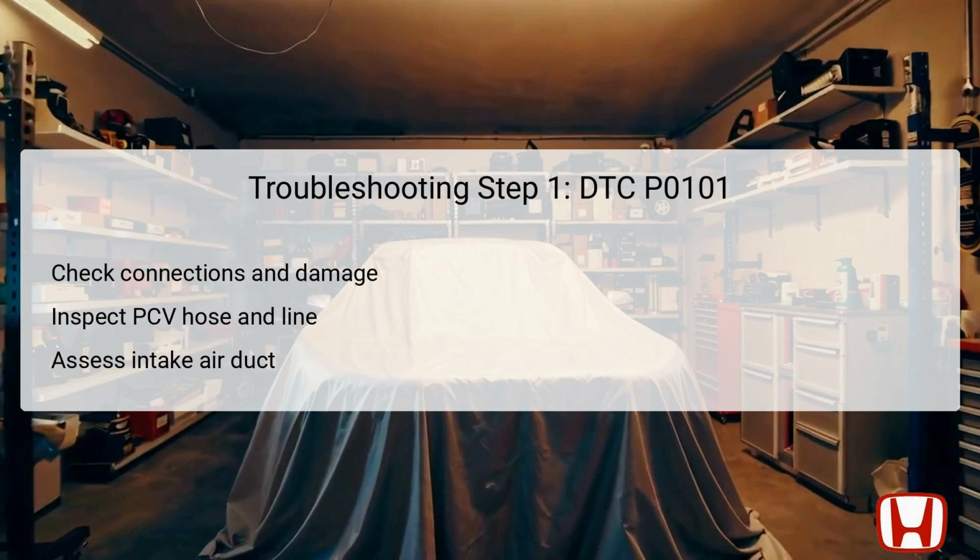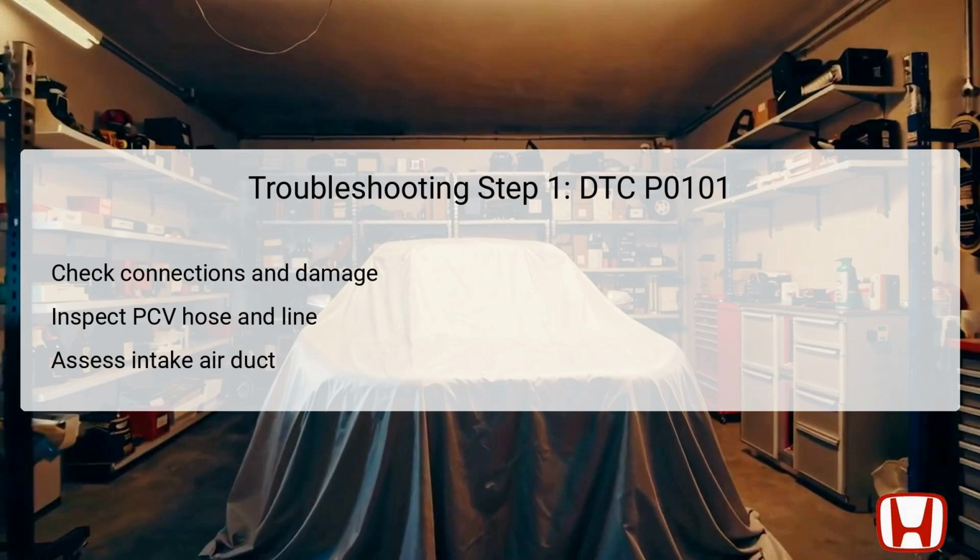The first step in troubleshooting DTC P0101 involves a thorough condition check of the various components related to the air intake system. Begin by inspecting connections to ensure they are not compromised due to corrosion or looseness. Additionally, look for visible damage to essential components, including the PCV hose, intake air duct, air cleaner, and the purge line.